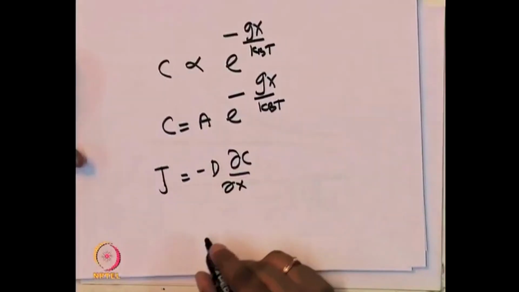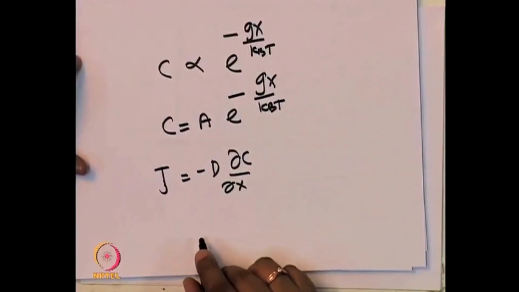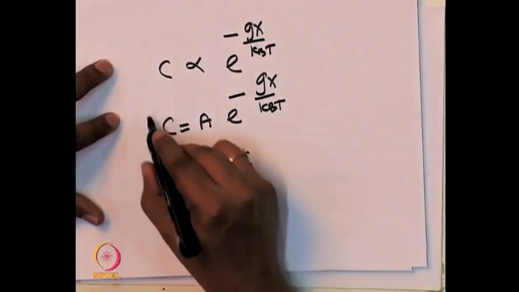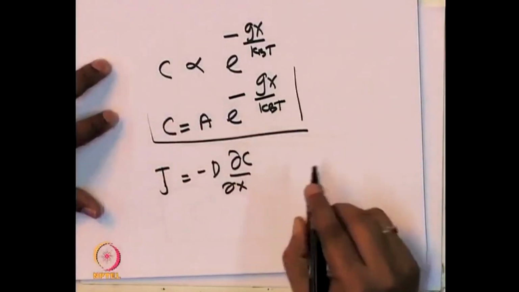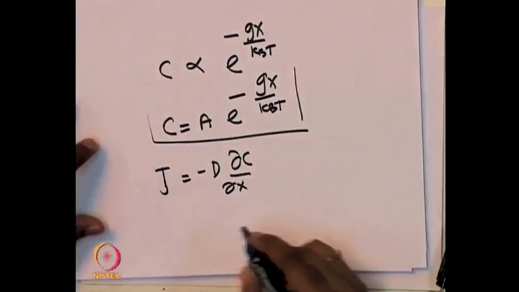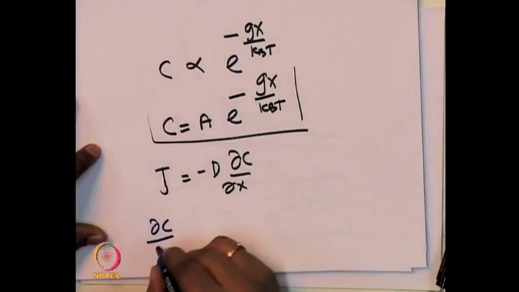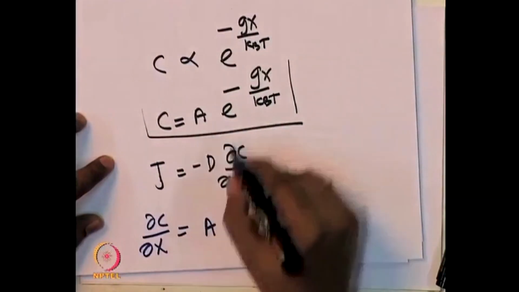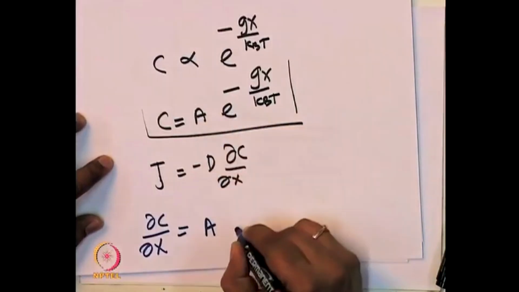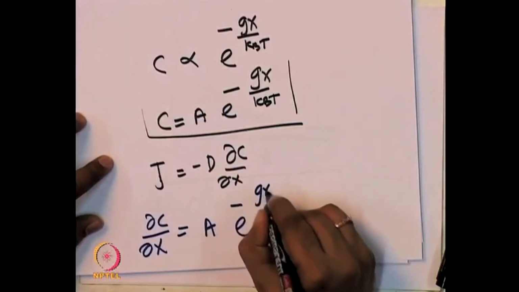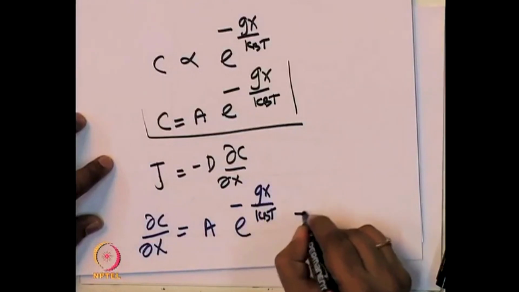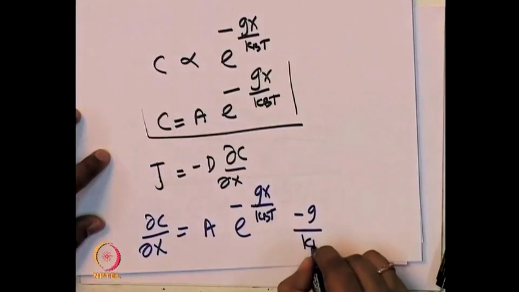Now what is del C by del x? Let us find the derivative of this. So del C by del x will be, A is there, derivative of e power minus gx by kbT is itself, times the derivative of the exponent, which is minus g by kbT.